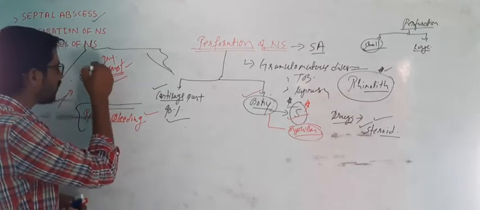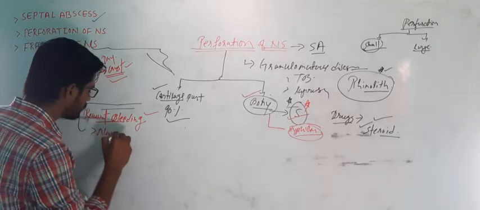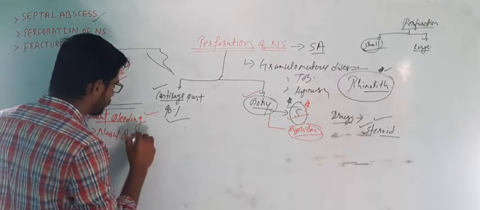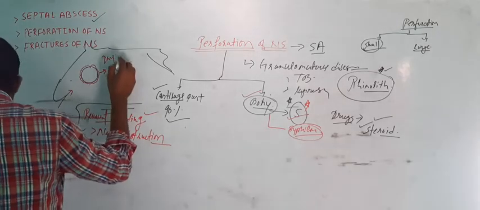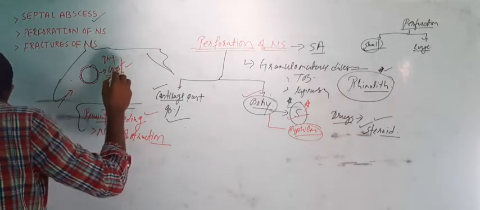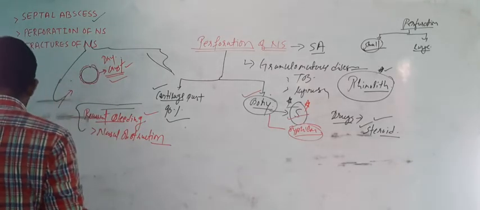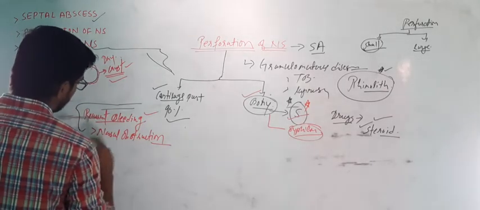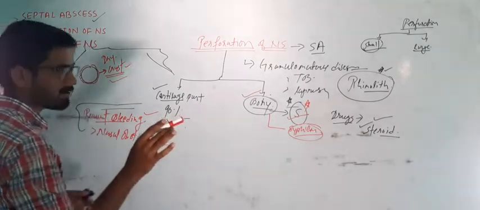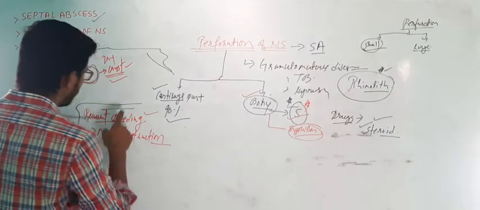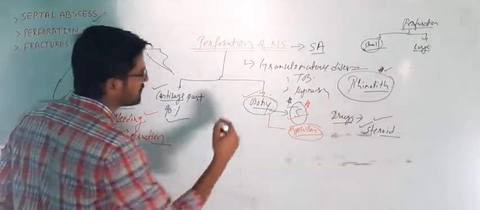And this crust also causes nasal obstruction. Due to this crust only, all this is happening. Am I right? Yes. So recurrent bleeding and nasal obstruction, and pain will also be there. So these are the clinical features in perforation of the nasal septum. You have to remember this point.